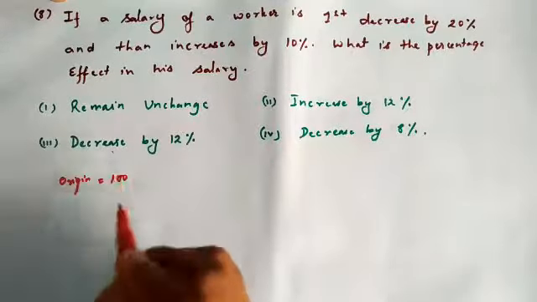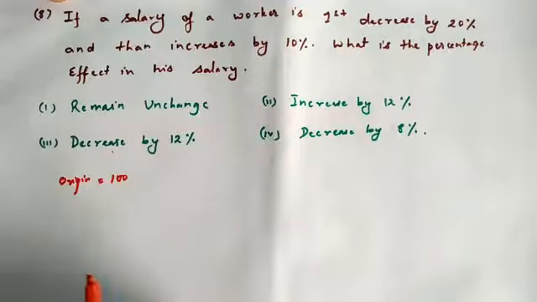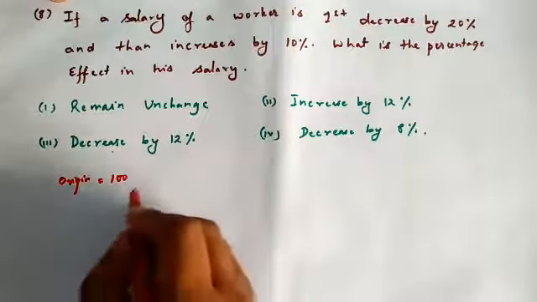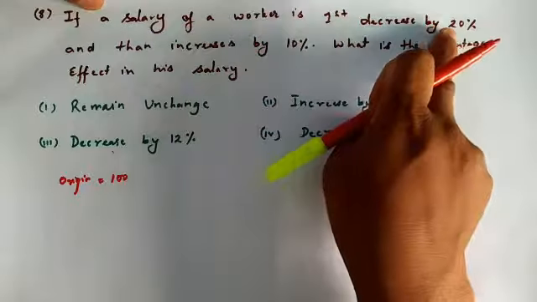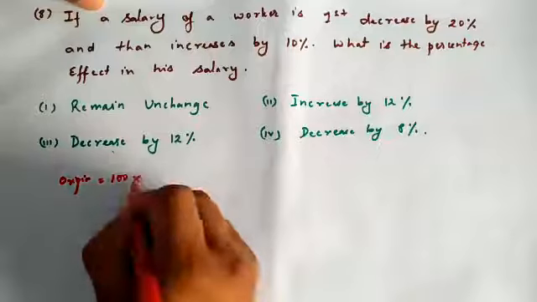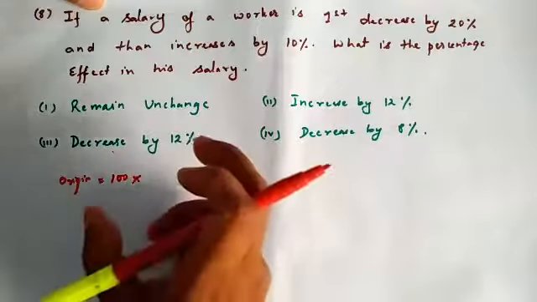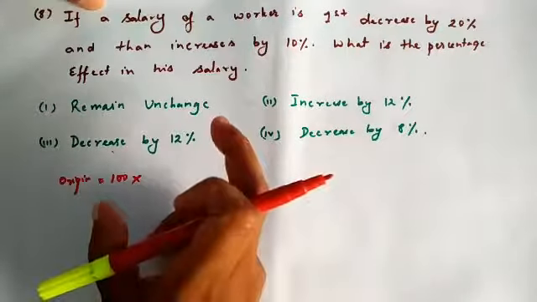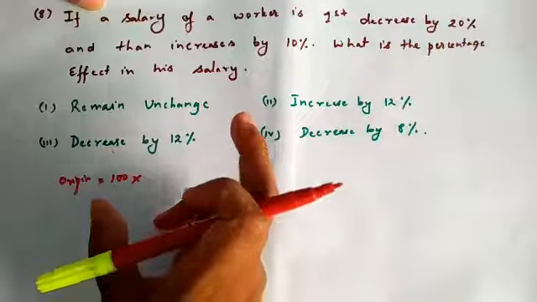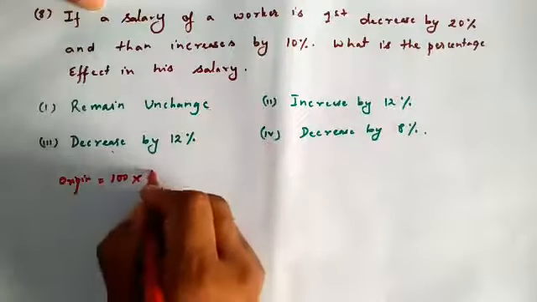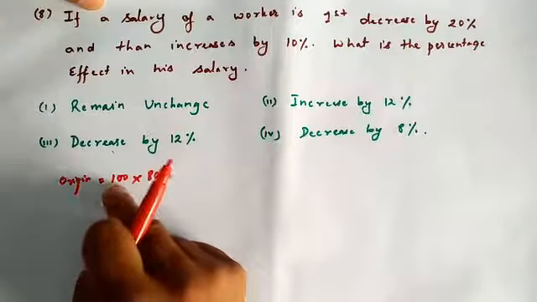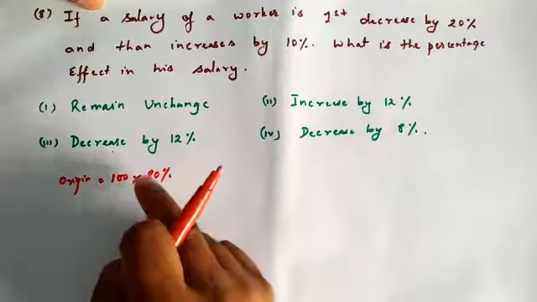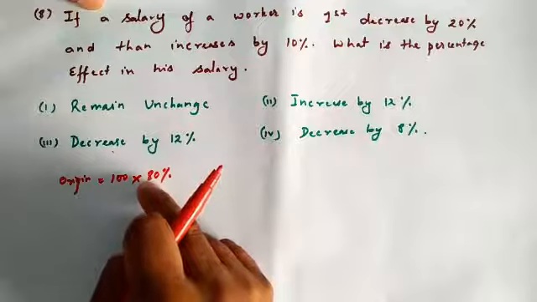Now if the salary of the worker is decreased by 20%, a 20% decrease in 100% means how much has it become? After a decrease of 20, it has become 80%. Originally it was 100, now it has decreased by 20%, so it has become 80%.